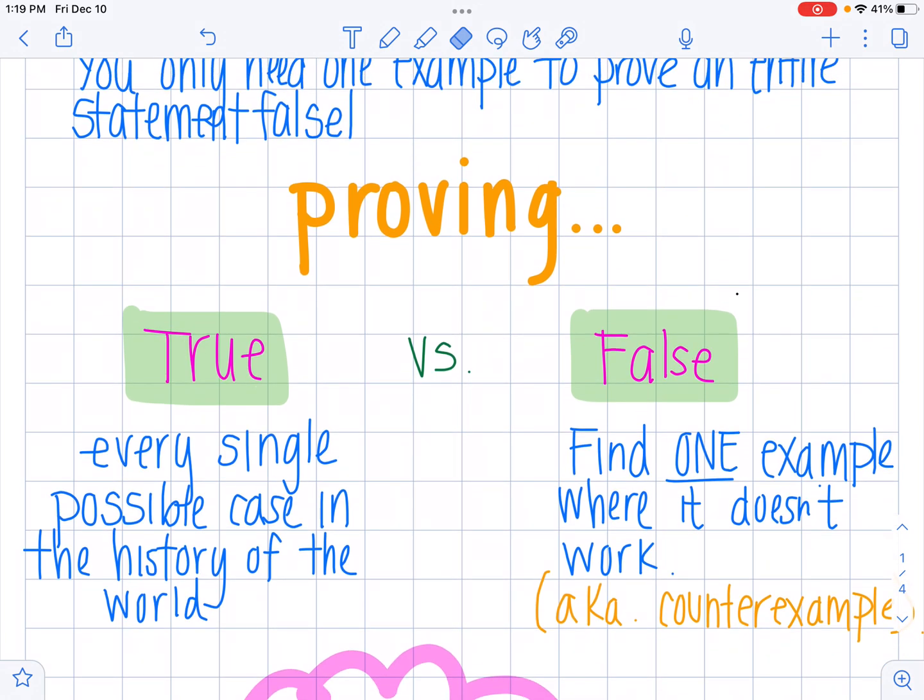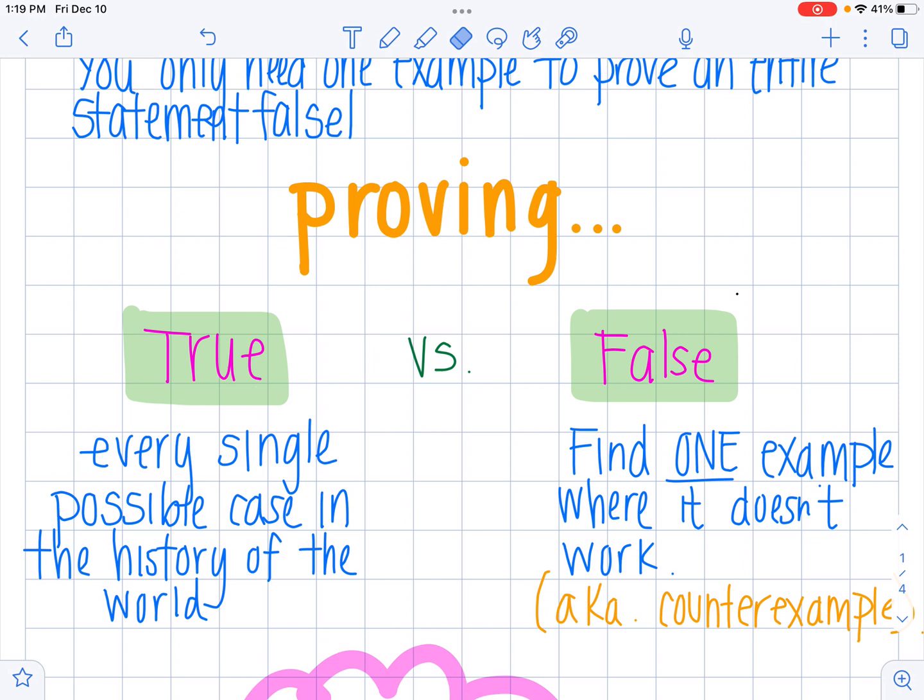In geometry or in mathematics, when you're proving a statement or a theorem to be true, you have to be able to prove it true for every entire situation, every occurrence in the history of time, basically. There cannot be one instance where the statement that you're trying to prove is false.